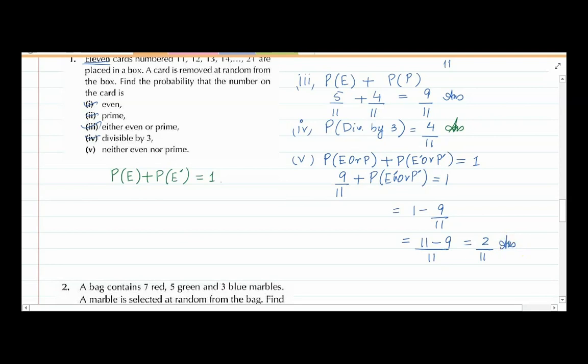That is your answer, right? So for the part neither even nor prime, we use the part either even or prime and subtract its possibility to obtain this part, the very old concept of probability, right? So I hope that this one is clear to you. Moving on to the next question.